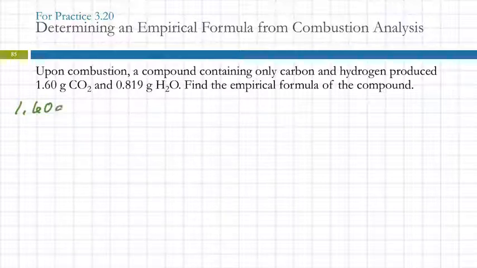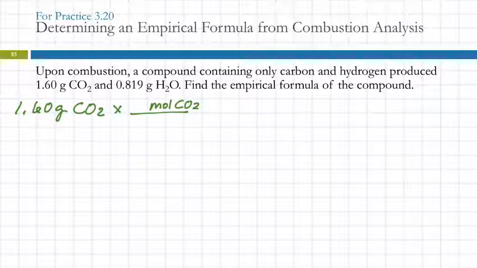So we need to take the 1.60 grams of carbon dioxide, and we need to figure out how many grams of carbon are in there. So this gets a little more involved. What I'm going to do is first find out how many moles of carbon dioxide I have, using the molar mass of carbon dioxide.